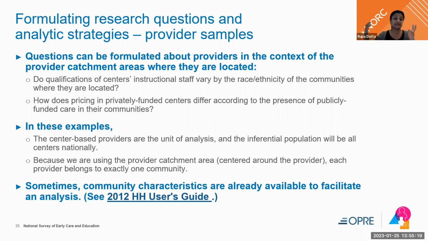And then there are additional community characteristics that are available in the level 2 and the most restricted environment. The 2012 Household Users Guide has an extensive list of all of the different community characteristics that are available, and you can always request others.